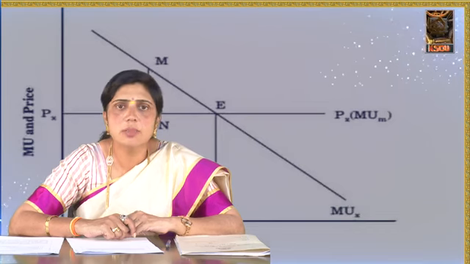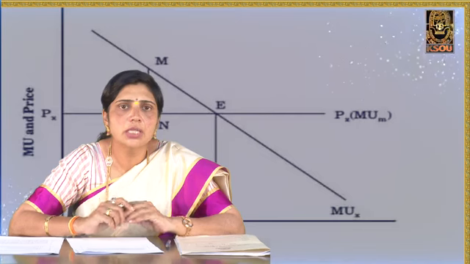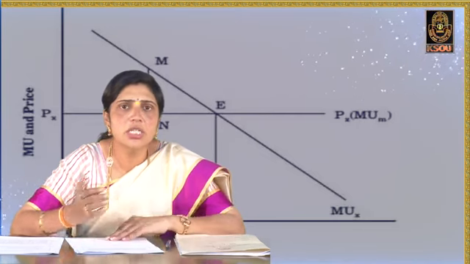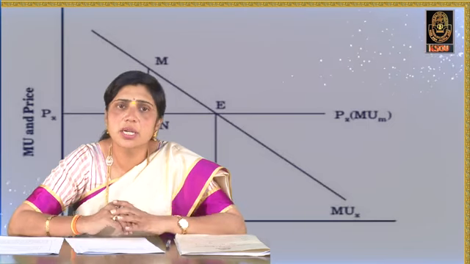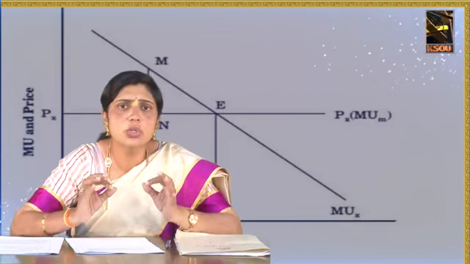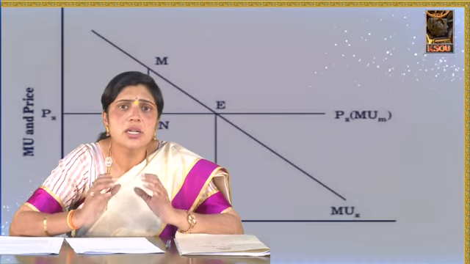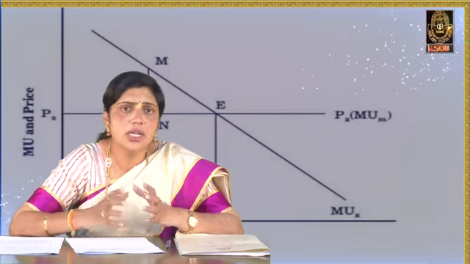This law is the basis of all other laws of consumption, namely the law of equimarginal utility, the law of demand, etc. But this does not hold good in the case of consumption of liquor, a miser, and collection of rare pictures.